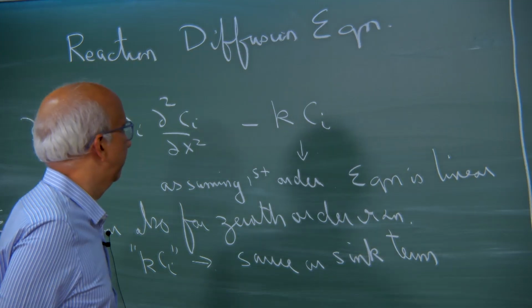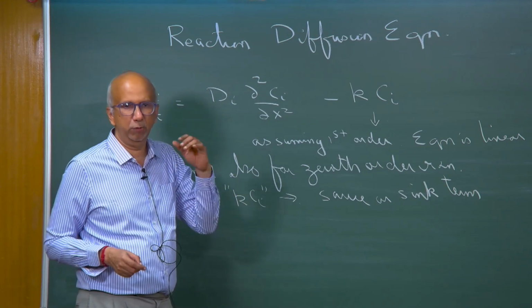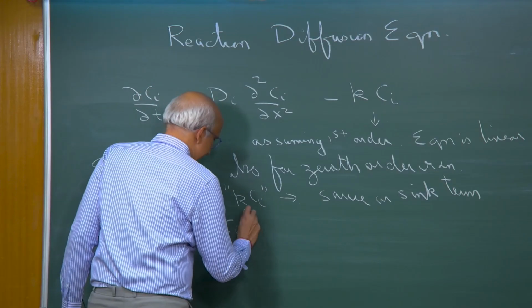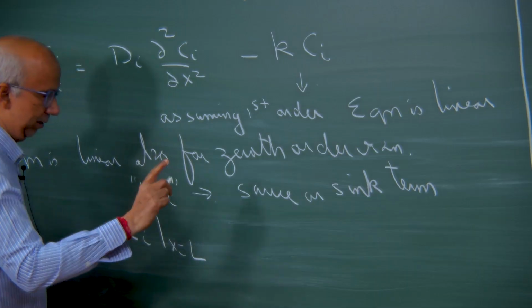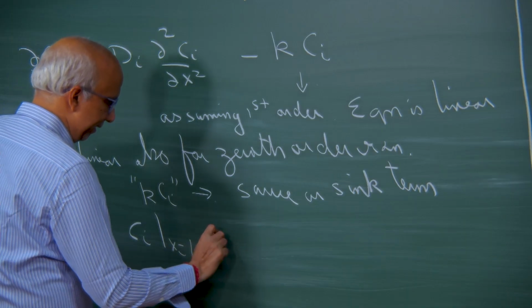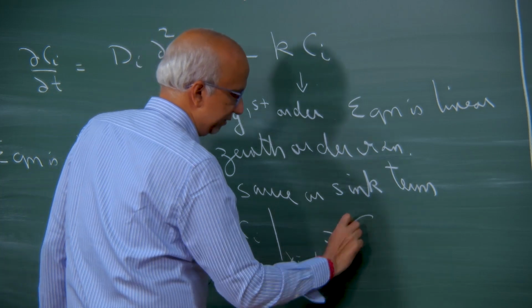Now, in order to solve this, I need to have boundary conditions. So, I am going to assume that Ci at x equal to plus L, and Ci at x equals minus L, equals C bulk.